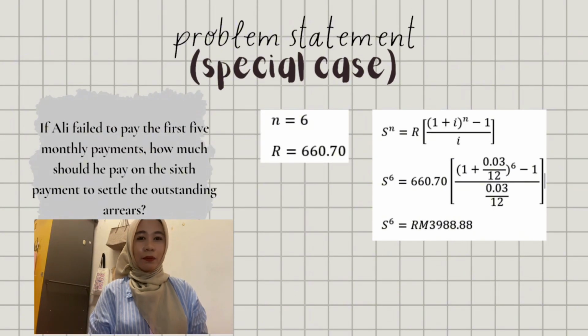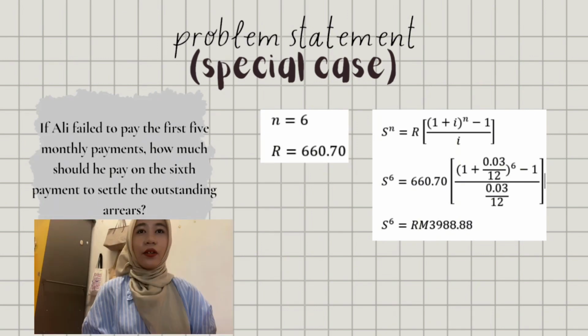If Ali failed to pay the first 5 monthly payments, how much should he pay on the 6th payment to settle the outstanding arrears? So this is how to solve this question. N equal to 6, R equal to 616 and 70 cents.